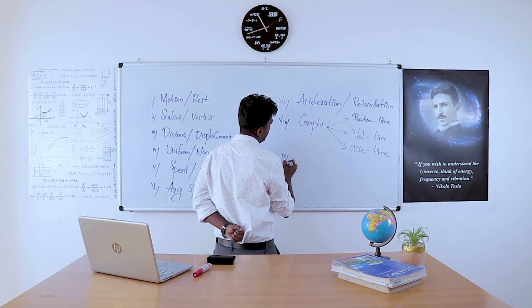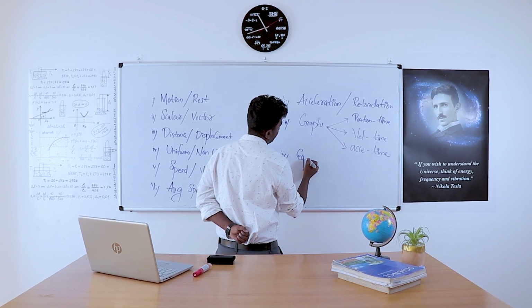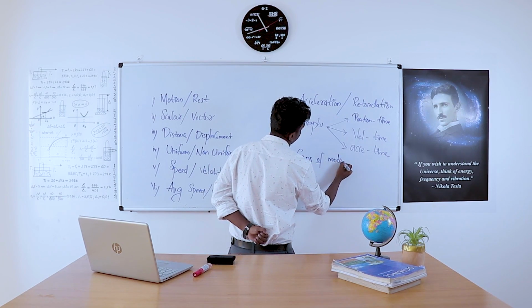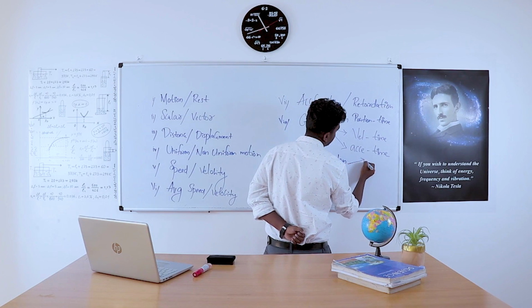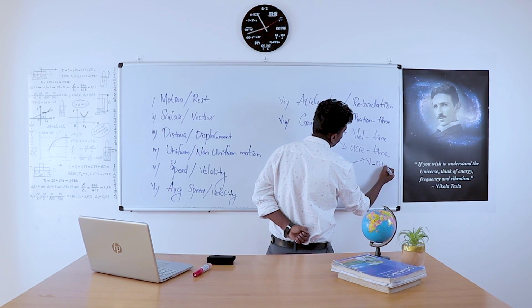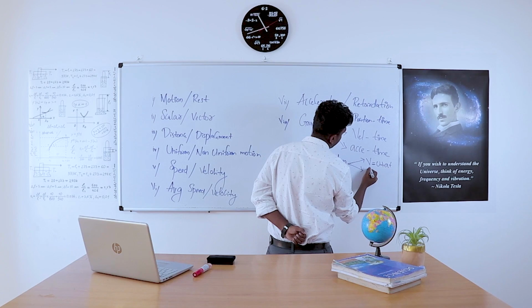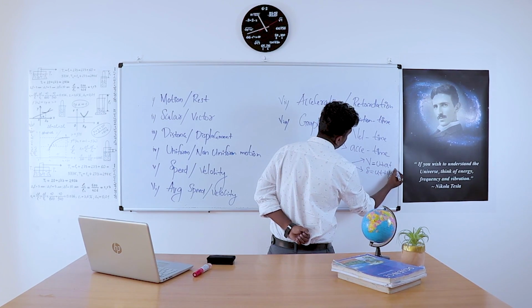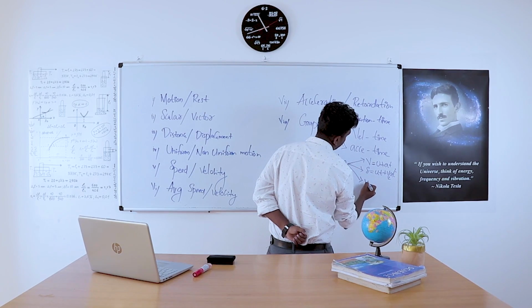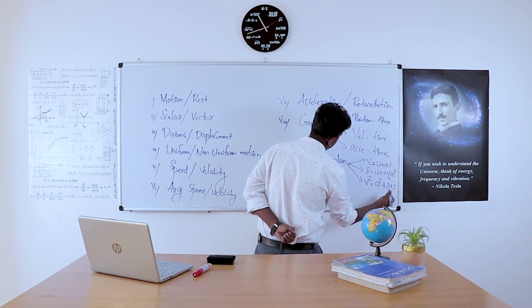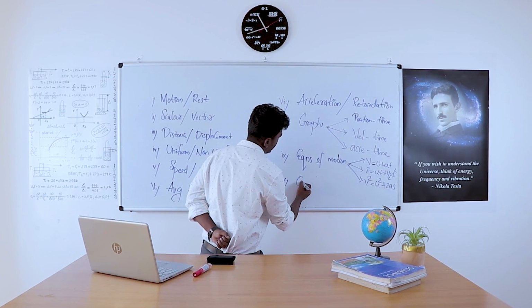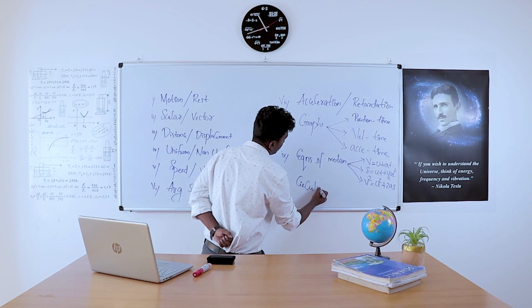Then ninth topic is equations of motion. We have three equations: v is equal to u plus at, s is equal to ut plus half at square, and v square is equal to u square plus 2as. And the last topic is circular motion.